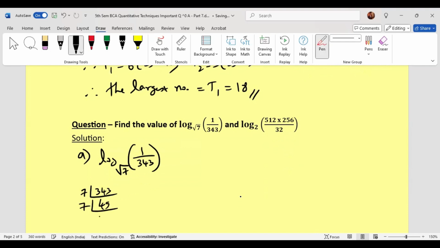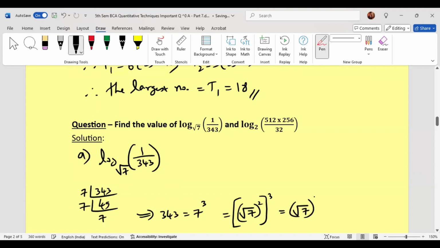Again, this is divisible by 7, which means that 343 can be written as 7 cubed. But here the base is in terms of square root. So 7, I will write as root 7 to the power of 2, and there is already a cube, so we write it outside. So that is nothing but root 7 to the power of 6. So 343 can be written as root 7 to the power of 6.